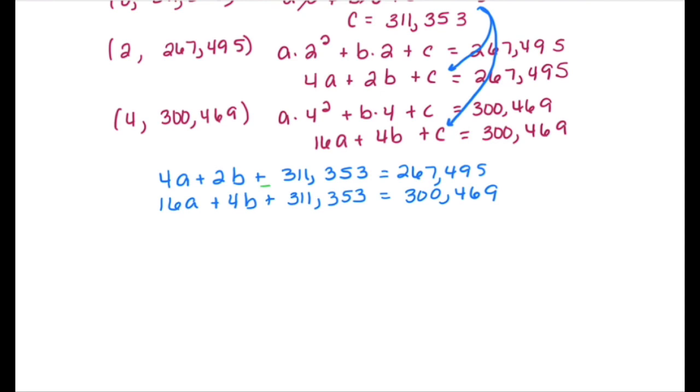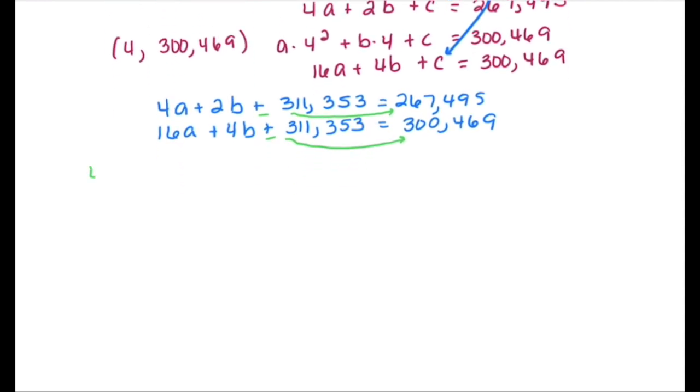In both cases, I'm going to subtract the 311,353 and bring it to the right-hand side so that all my variables are on one side and the constants are on the other. That will then provide us with 4a plus 2b equals negative 43,858, and 16a plus 4b equals negative 10,884. Now that I have two equations and two variables, we can eliminate.